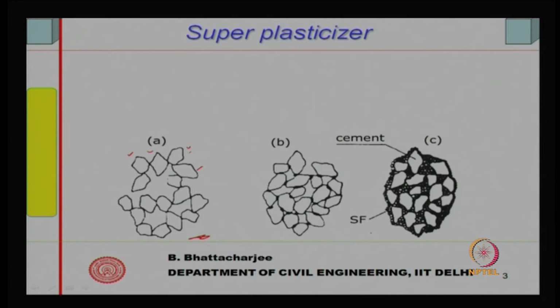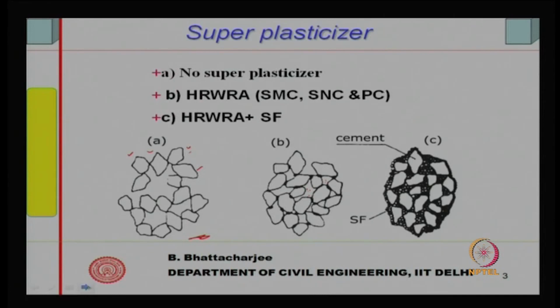But if you add, let us say, very fine mineral admixtures together with the superplasticizer, then these voids get filled up by the mineral admixtures themselves. So, therefore, they give you a much better structure. The no superplasticizer scenario is this.